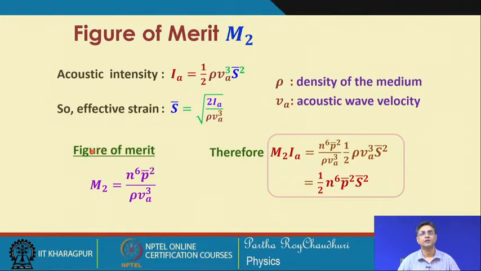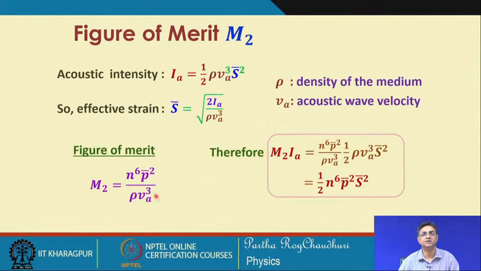Now, we define a very useful quantity, the figure of merit M 2, that is defined in this way: n to the power of 6 p bar square by rho V a cube. Here I will use the expression rho V a cube is equal to twice a by s square.